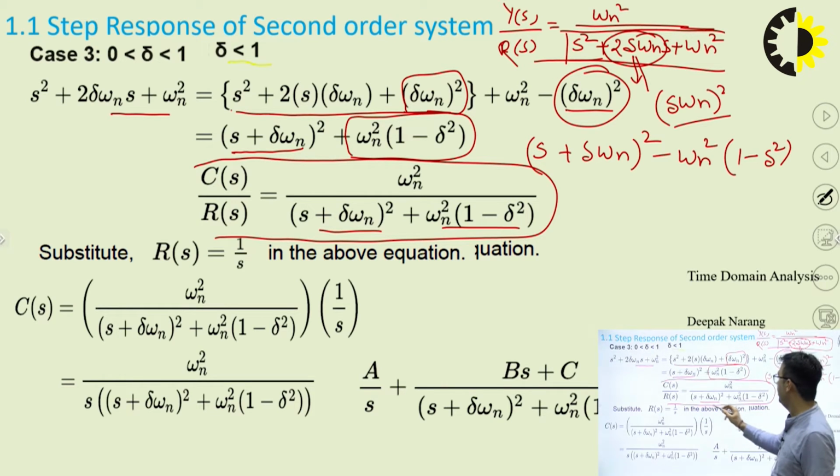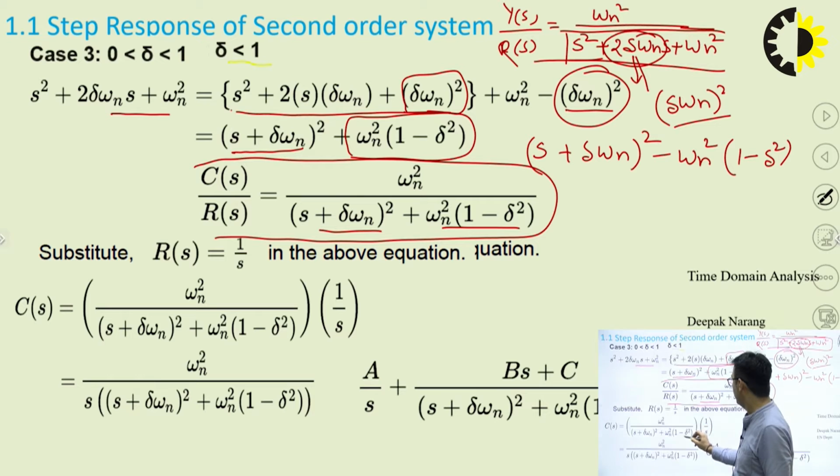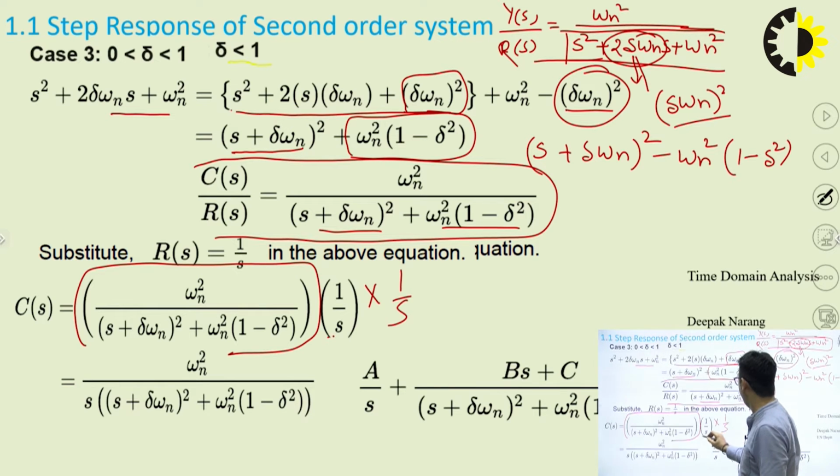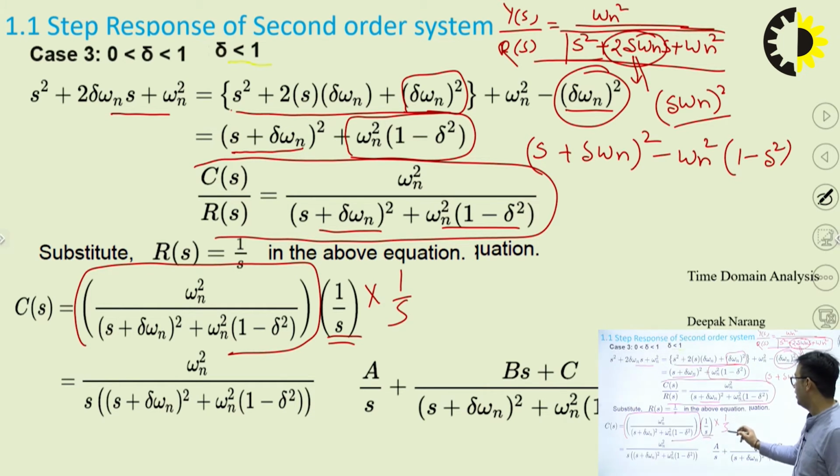Now just put this equation in the transfer function here, and now take the step signal into account. C(s) becomes equal to omega n square, this factor, multiplied by 1 by s, as we can see here. Now again take the partial fraction to solve this equation.